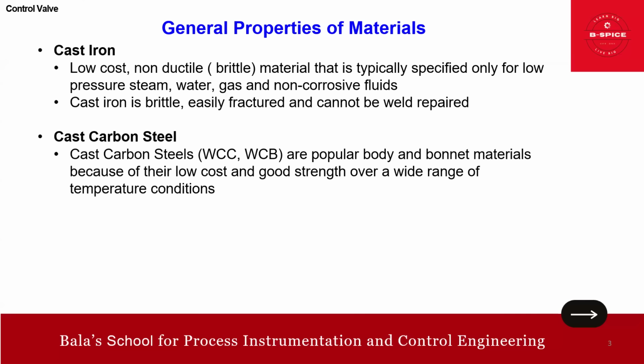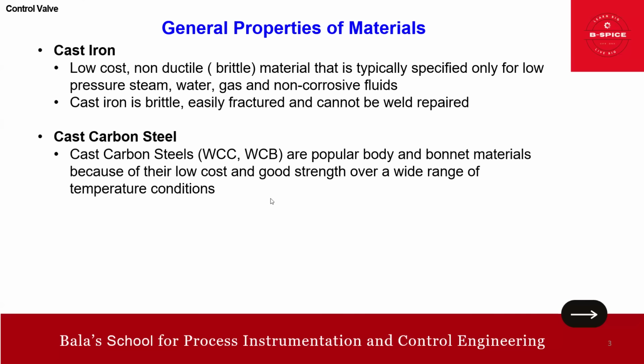The letters WC, A, B, C all indicate the strength value of the steel grade from low to high. That is the meaning. Got it? So coming back to the point: carbon steels are popular body and bonnet materials because of their low cost, good strength, and wide range of temperature conditions.